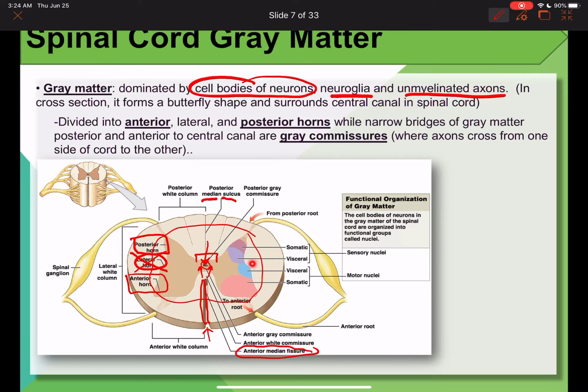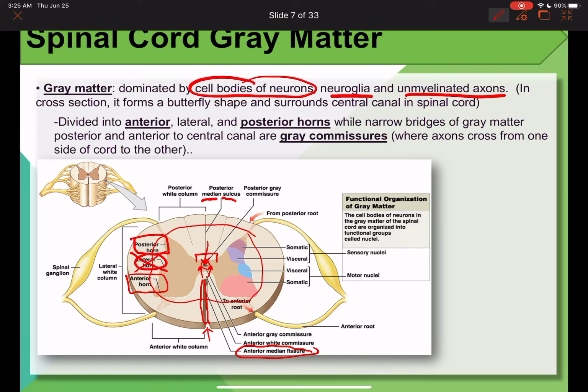I've seen that in histology slides a lot of times, where the posterior horn is a lot closer to the posterior root when comparing the anterior horn's distance from the anterior root. So there's usually a bigger gap here compared to back here. That's another way you can tell whether I'm pointing to a posterior versus anterior portion of the spinal cord.